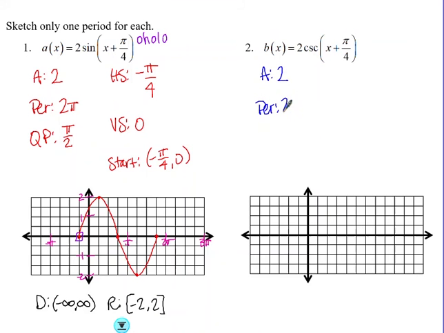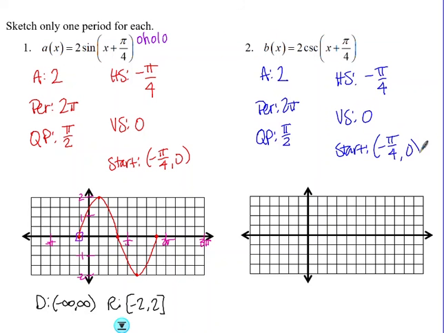The period is still 2 pi, so the quarter period is pi over 2. The horizontal shift is negative pi over 4. The vertical shift is 0, so I start at negative pi over 4, 0. Same information. So I'm going to label my axes.